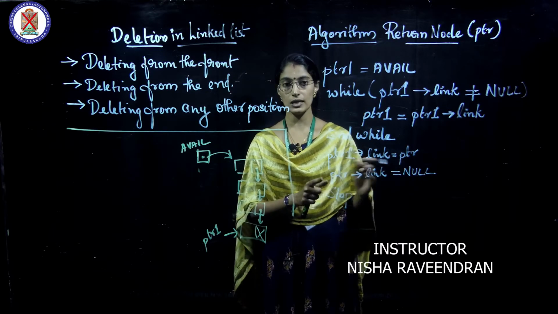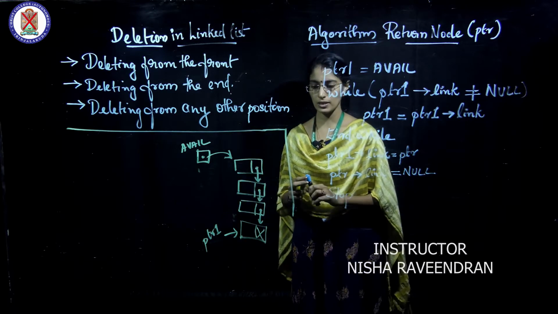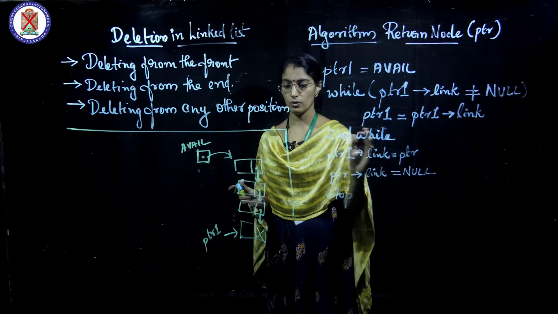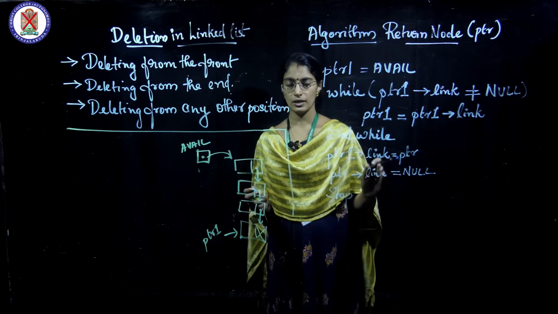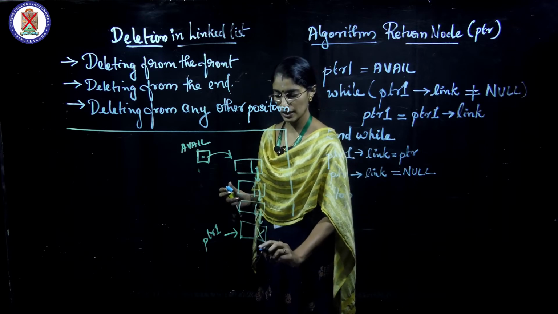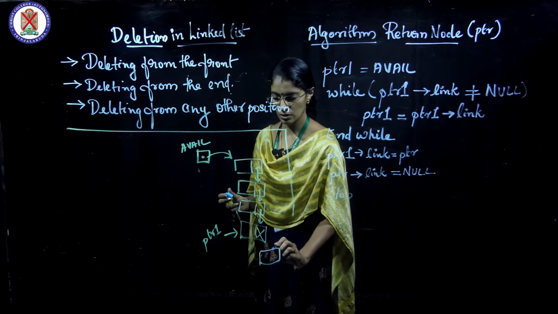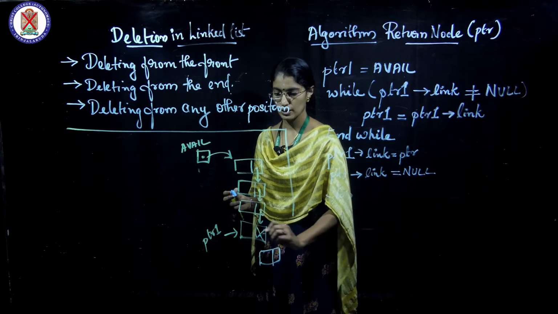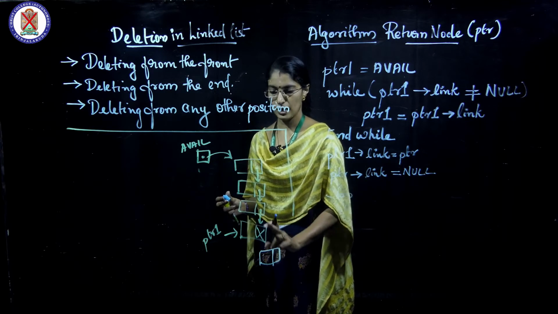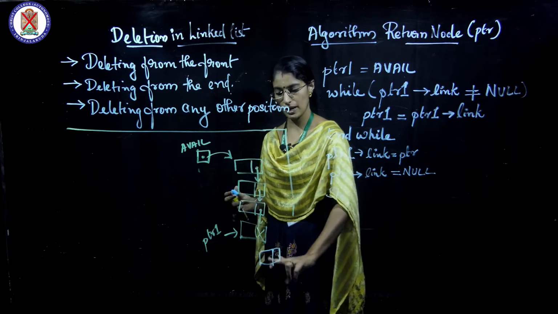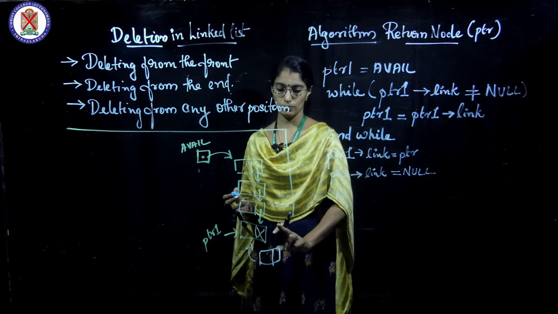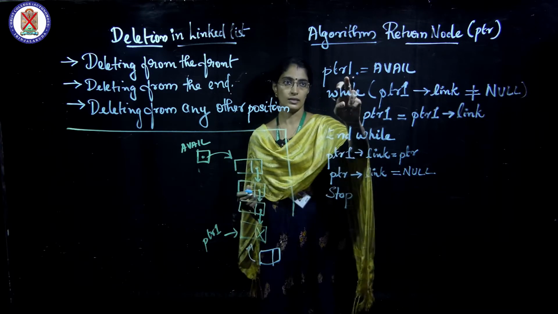Now we will be using the return node algorithm. The used nodes, which are deleted nodes, will be given back to the memory, and they are attached at the end of this available pool of memory, right? The node which I am going to delete will be attached at the end of these nodes. So let's look at the algorithm.